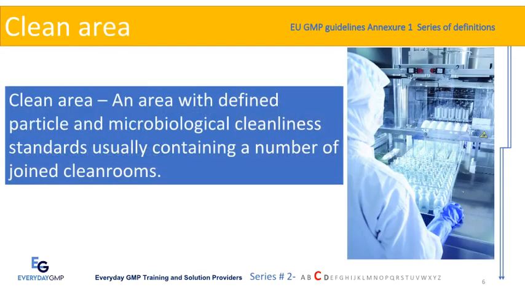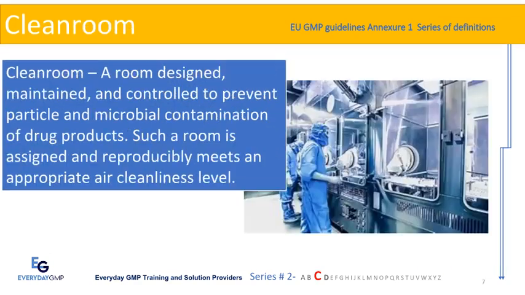Clean area: an area with defined particle and microbiological cleanliness standards, usually containing a number of joint clean rooms. Clean room: a room designed, maintained, and controlled to prevent particle and microbial contamination of drug products. Such a room is assigned and reproducibly meets an appropriate air cleanliness level.